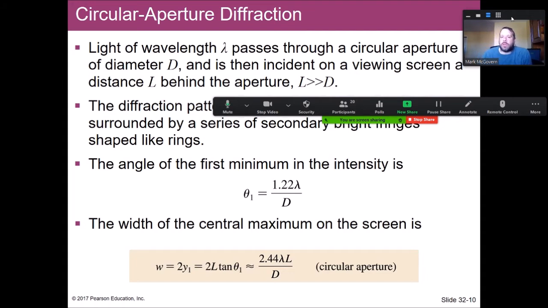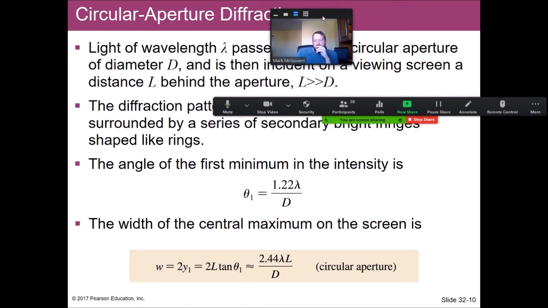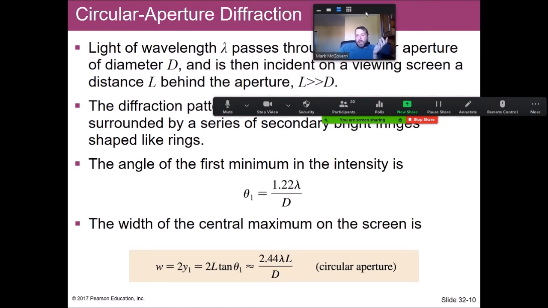For circular apertures, they have similar interference patterns. They look like circles. They're rings, basically. The center is always a bright spot, then you have your first minimum outside of that, then your maximum. You saw a little bit of this in the lab that you did earlier today, seeing the circular nature of the wavefronts.